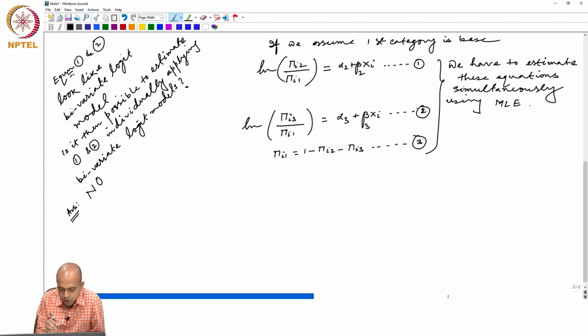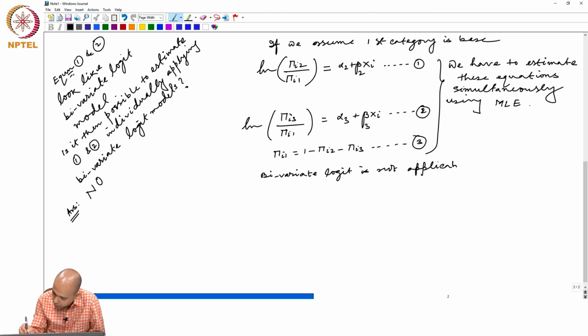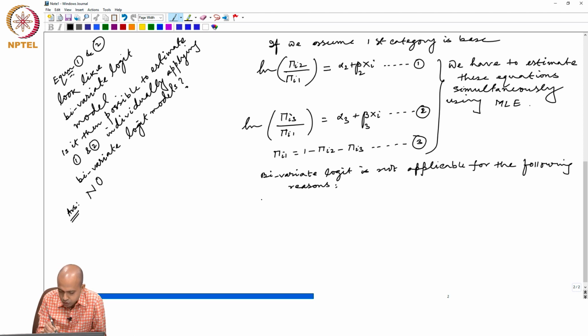Why is this no? Why is bivariate logit not applicable for the following reasons? What are those?